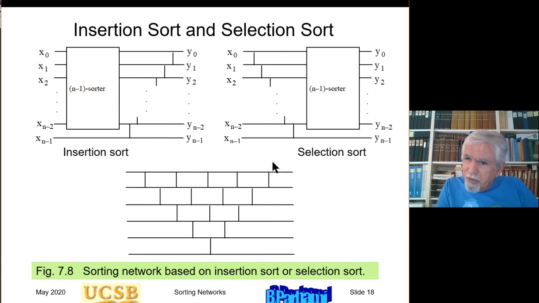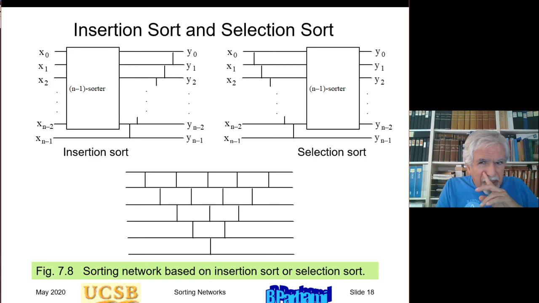So insertion sort and selection sort, when repeated, lead to this. Notice that for selection sort, we have this ladder-like structure there. This is it. And then this is the rest, the n-1 input sorting network. And here I have this ladder-like structure at the end, and this is an n-1 input sorting network.